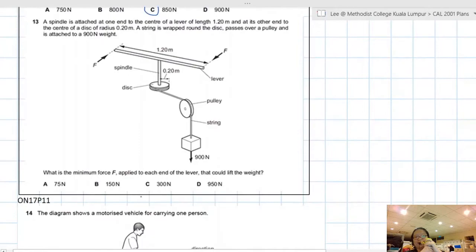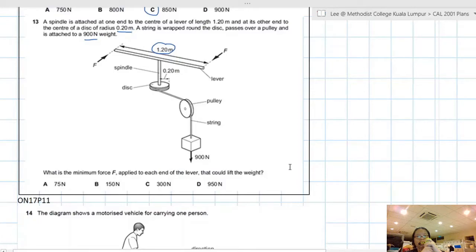Okay, right. This one. So here you have a spindle. There are some dimensions given to you. You wrap the string around the disc, around the pulley, and now you are supporting a 900 Newton weight.